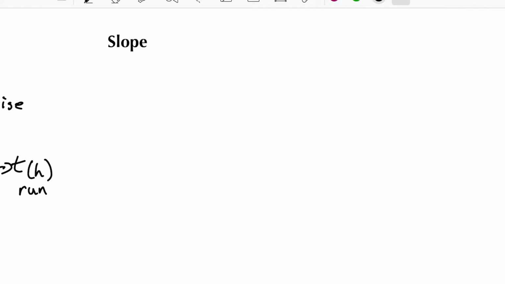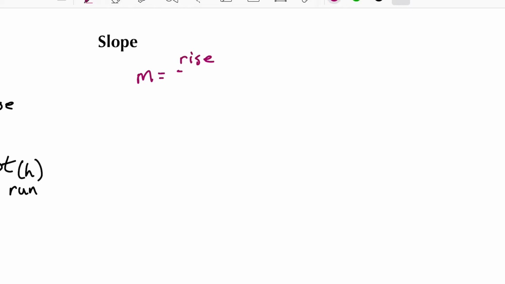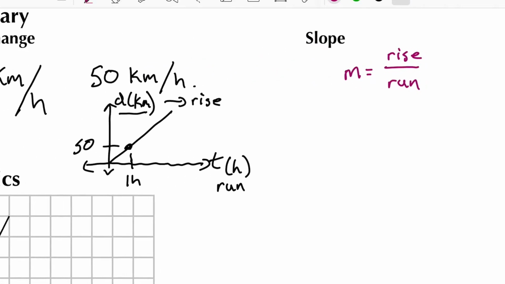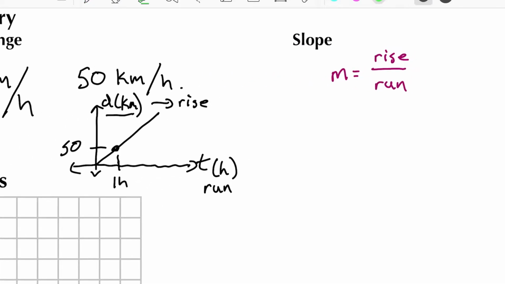So the slope of a line. The slope of a line is given to us by the variable m, and it's equal to the rise of a graph over the run of a graph. And in this last example, our slope was kilometers per hour. It was a rate of change.